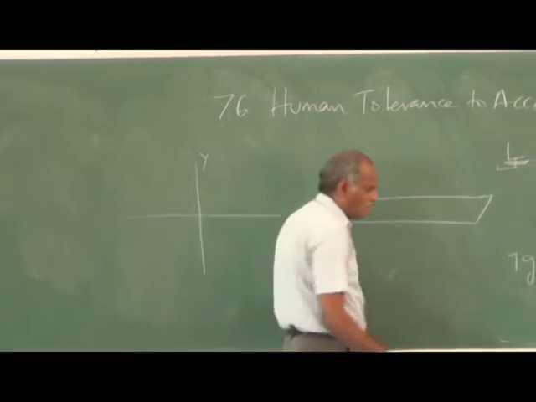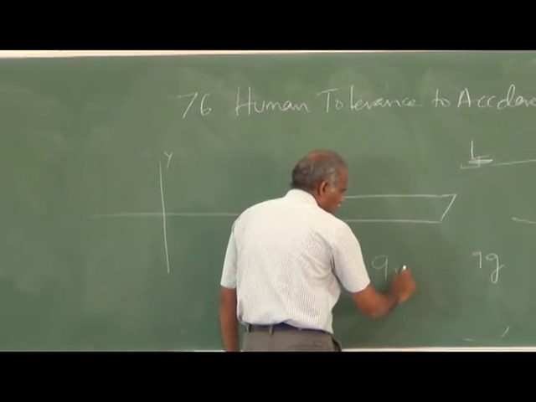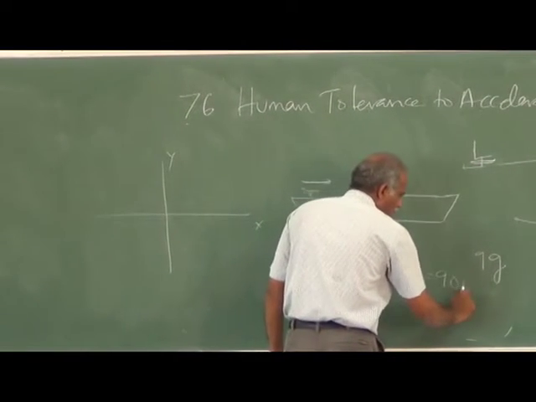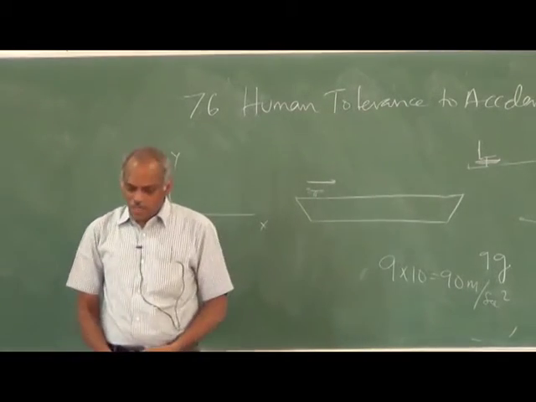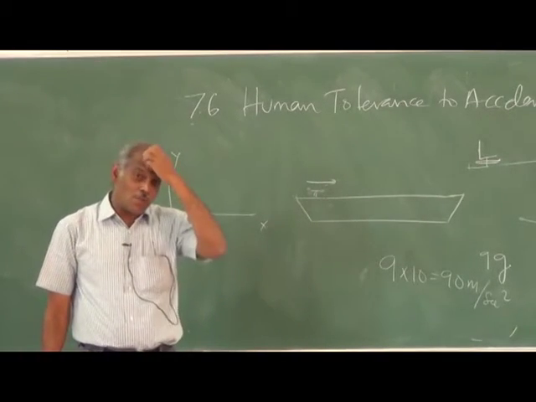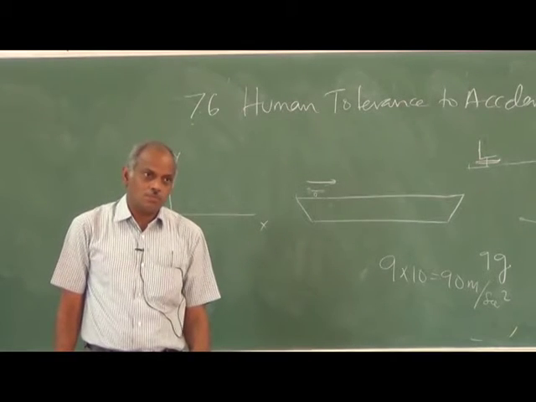Since g is approximately 10, it is 90 meters per second squared. That is the maximum tolerance the human being can endure.